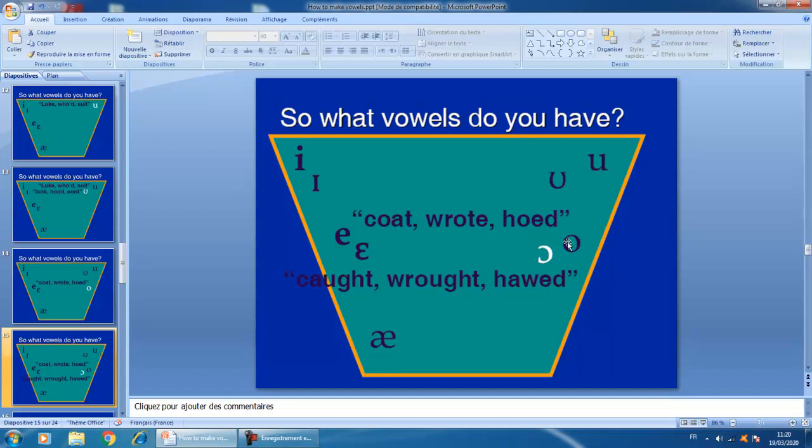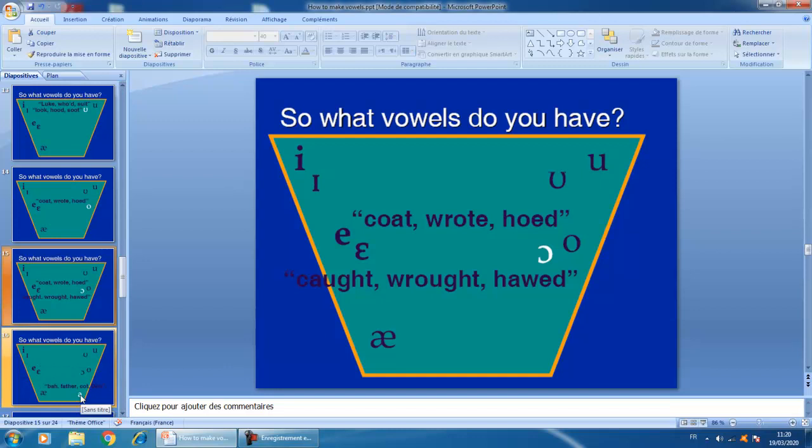Both of them, like A and A, are mid vowels. They're not high, they are not low as in here, but they are mid vowels. And they are like U and U, they are back vowels, in this region.